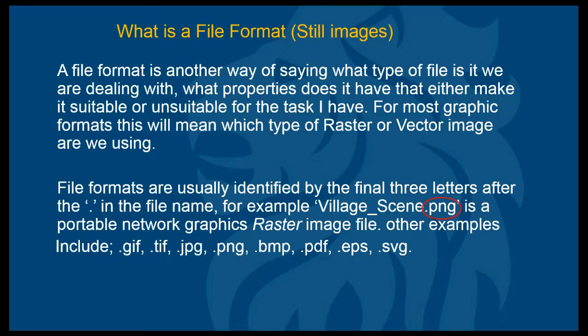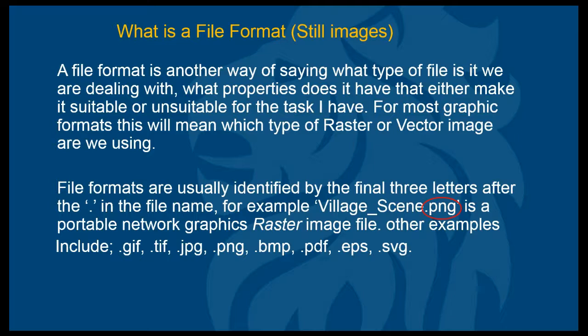The file formats are usually identified by the final three letters after the dot in a file name. So when you've done your naming convention and you've put in your version control, then comes the dot, and then we generally use those three letters afterwards to identify what kind of file it is, and sometimes more appropriately, what type of program should be used for opening it.